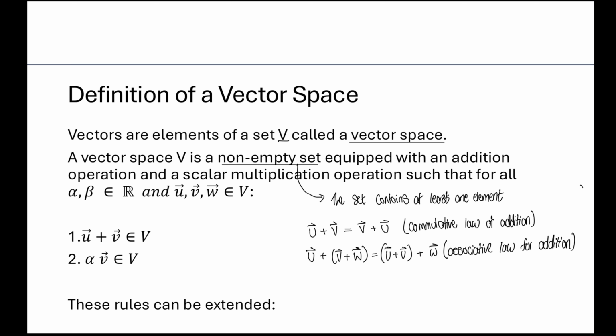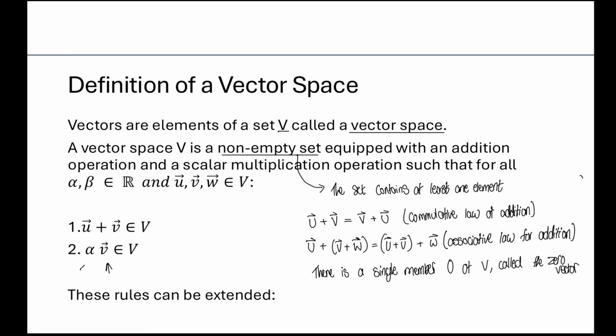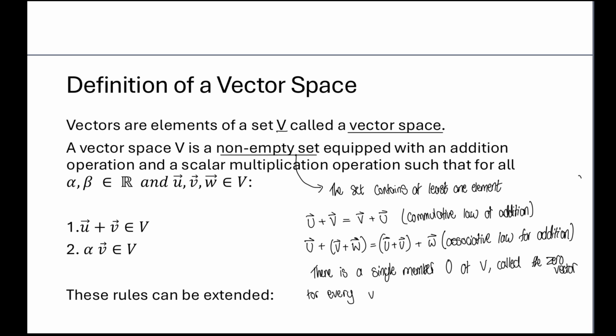Another rule is that there is a single member, 0, of the vector space V, and we call this the zero vector. You can see why this is true, because if we put any vector over here and alpha as 0, we get this 0 vector. Another rule is for every vector v in the vector space, there is an element or a vector w in the vector space called the negative of v.